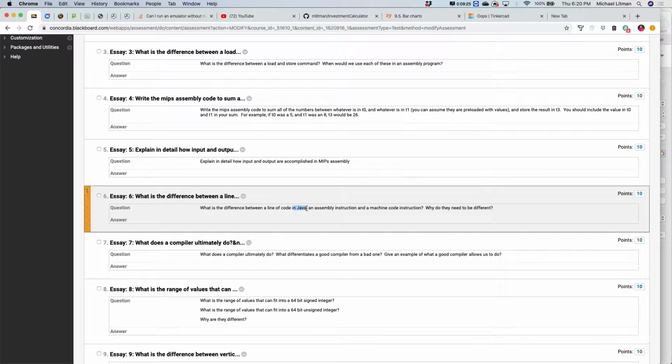Well, their audiences are different. The audience for Java code is a human being. The audience for machine code is a computer. The audience for assembly code is, let's call it, a subset of human beings, people that need to be operating at that very, very granular level.